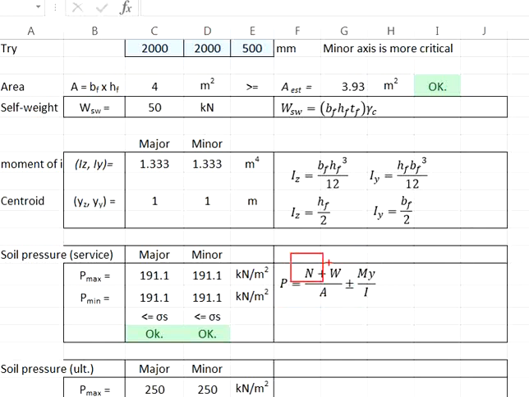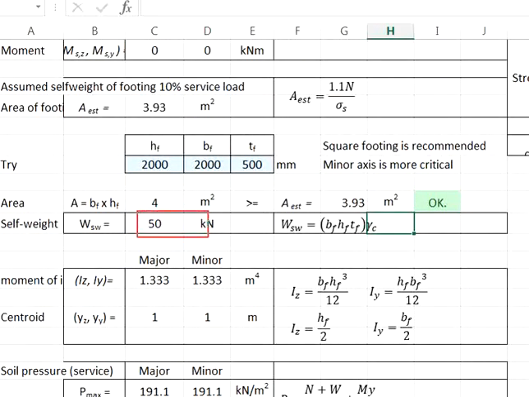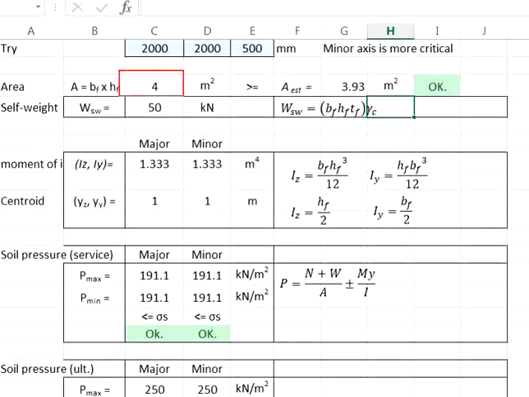The axial load is the service load, which was calculated after dividing by the factor of safety of 1.4, giving you 714.3 kilonewton, plus the self-weight 50 kilonewton, divided by the contact surface area 4 meters square. It gives you the bearing pressure of 191.1 kilonewton per meter square.